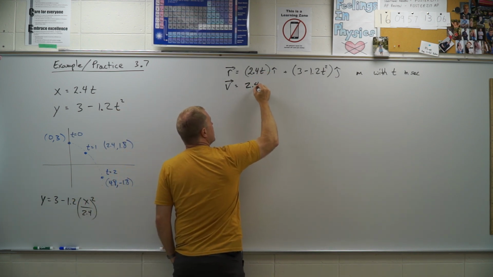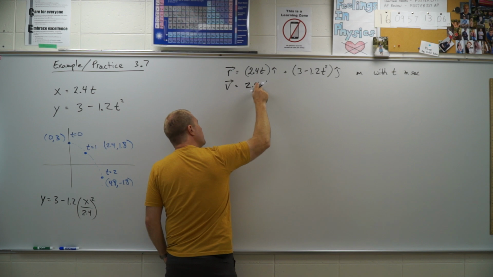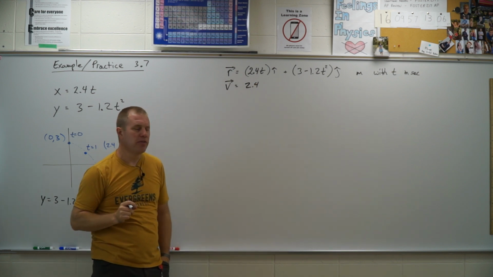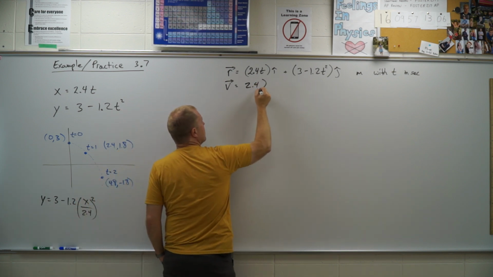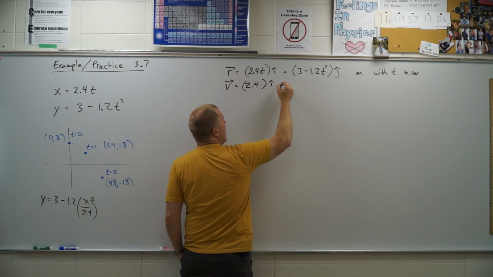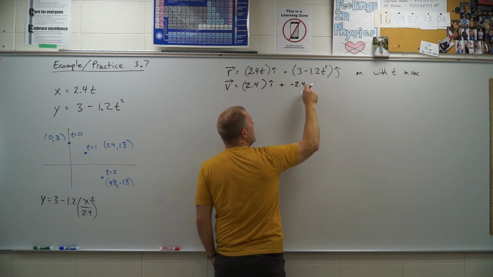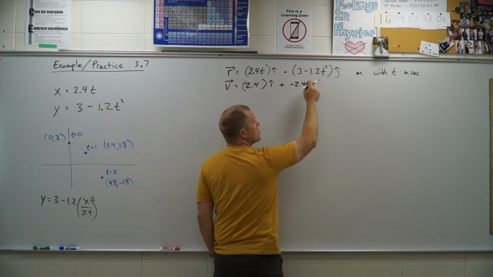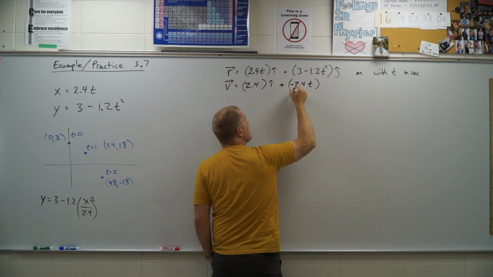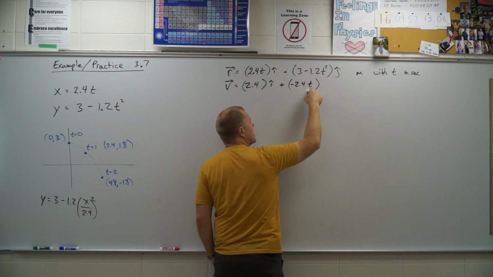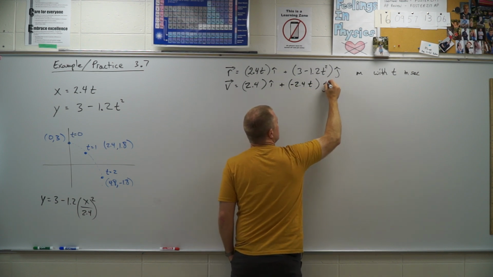So we got 2.4. Now if you want to include the units on these coefficients, you can. So this would be 2.4 meters per second i hat, plus, taking the derivative, I get negative 2.4, and this would be meters per second squared times t. So meters per second squared times seconds gives me meters per second j hat.